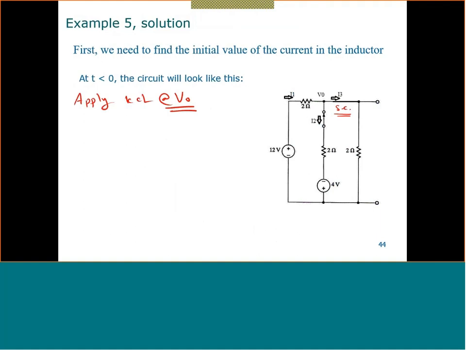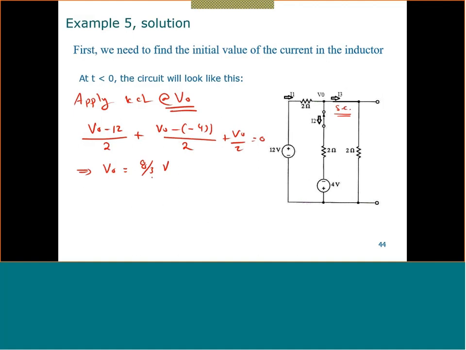Assuming the currents are leaving the node, it becomes (V0 minus 12) divided by 2, plus (V0 minus 4) divided by 2, plus V0 divided by 2, equal to 0. And solving this, you will find V0 is equal to 8/3 volts.